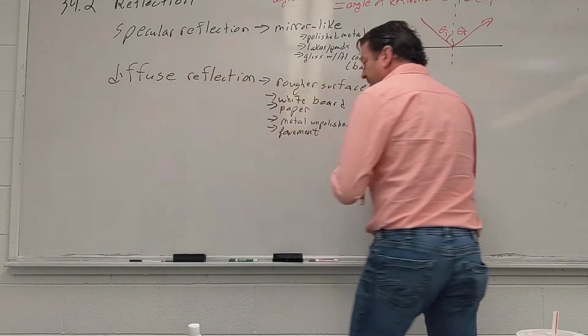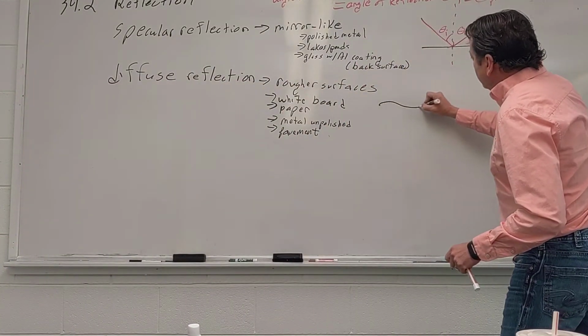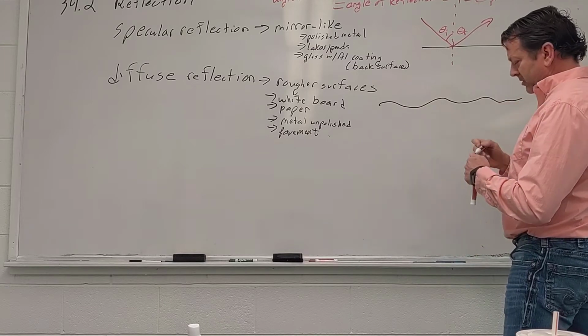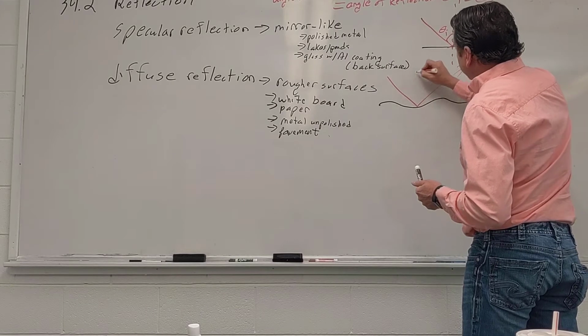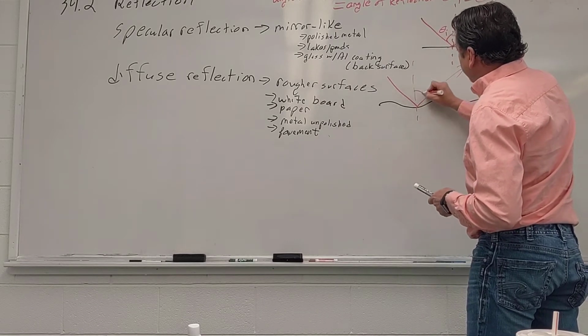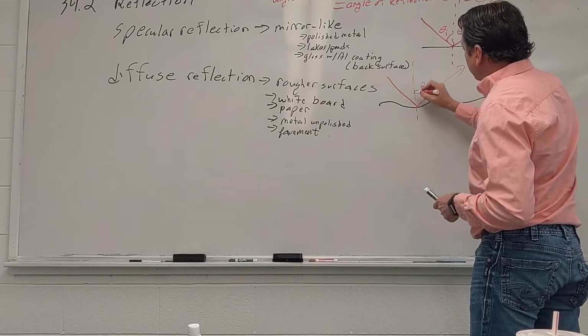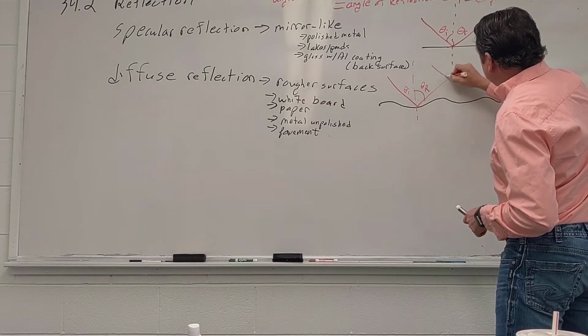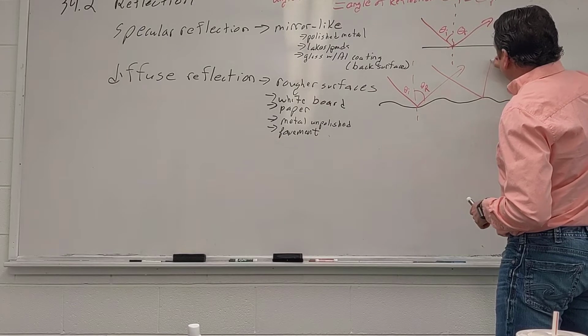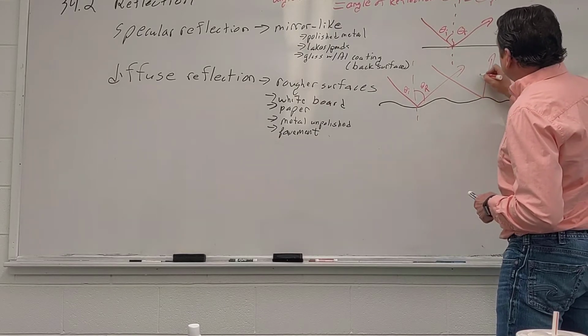And what we think of with those is, who knows how it's looking. We'll say it looks something like that. So this one will come in at a certain angle of reflection. Then this one here will come in and maybe do like that.